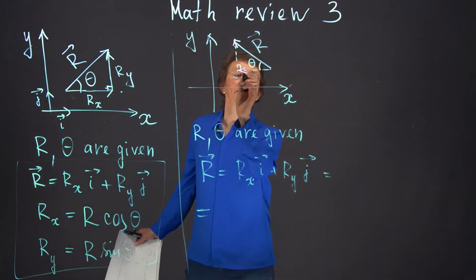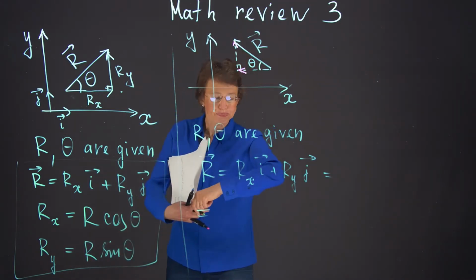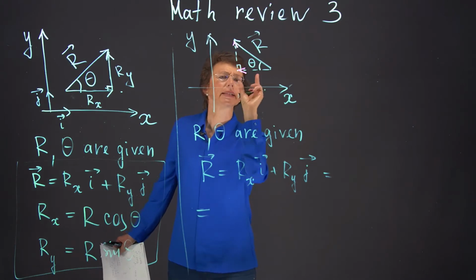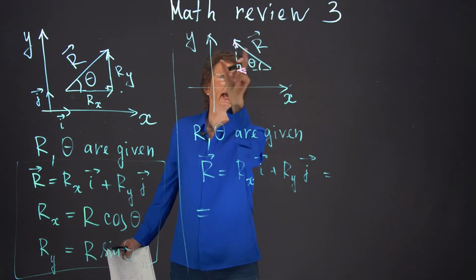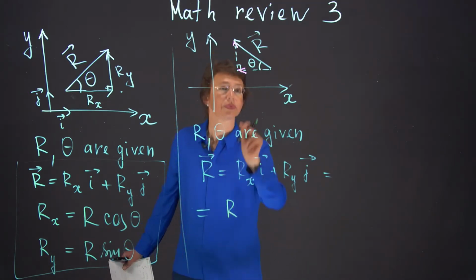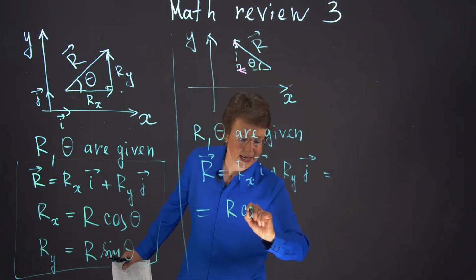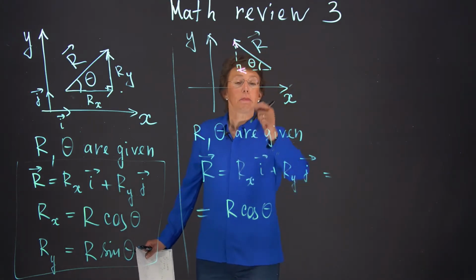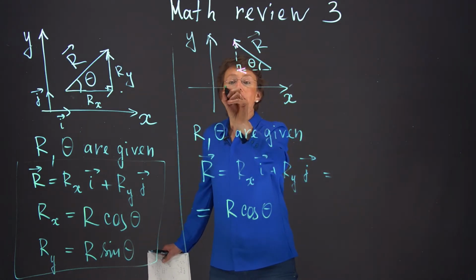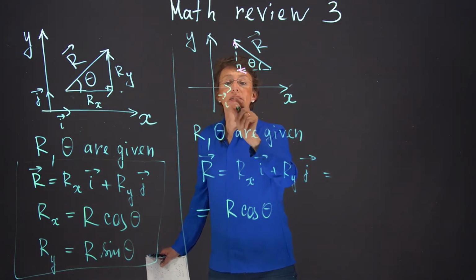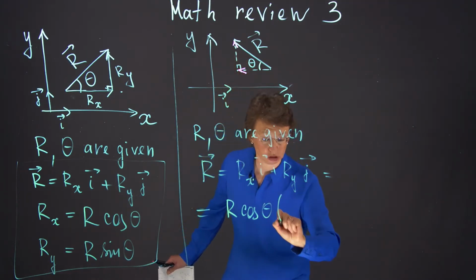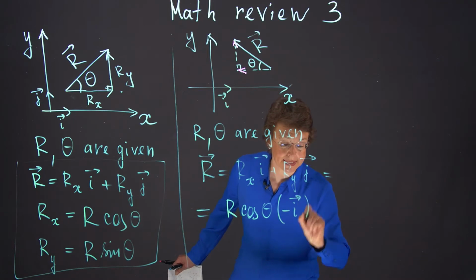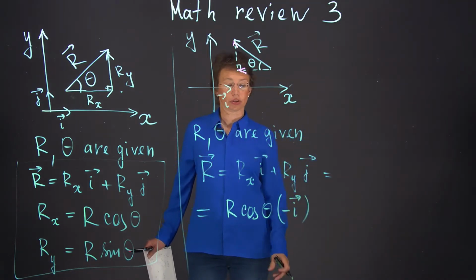Let's talk about magnitude. The magnitude of this leg is hypotenuse r times cosine of the adjacent angle, but the direction of this vector is against the positive direction of x, or against unit vector i. I put minus i here to indicate the direction.